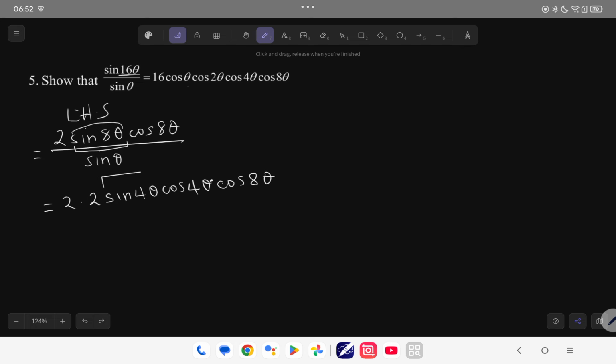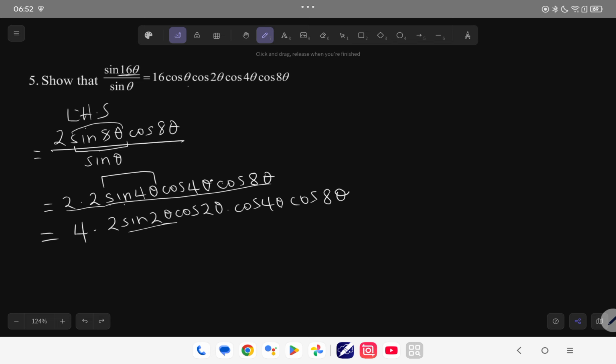Again, this one can be decomposed further. So you'll have this is a 4. Then this one alone will be 2 sine of half of this angle, 2 theta cos 2 theta, then cos 4 theta, then cos of 8 theta. Again, with this sine 2 theta, we are forgetting our denominator.